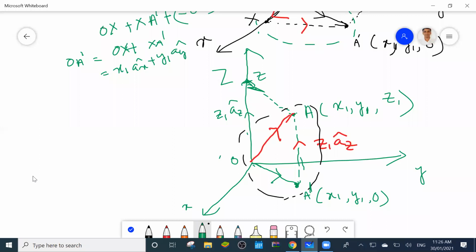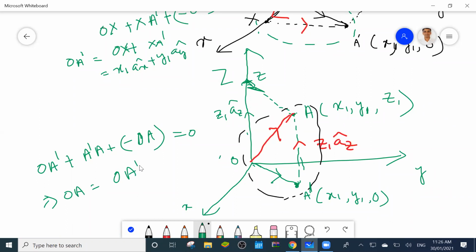I can write OA dash, then in the triangle A dash A, minus, because this is the opposite direction, minus or plus OA equals 0. So what is the value of OA? Keep OA on the right hand side. So OA equals OA dash plus A dash A.